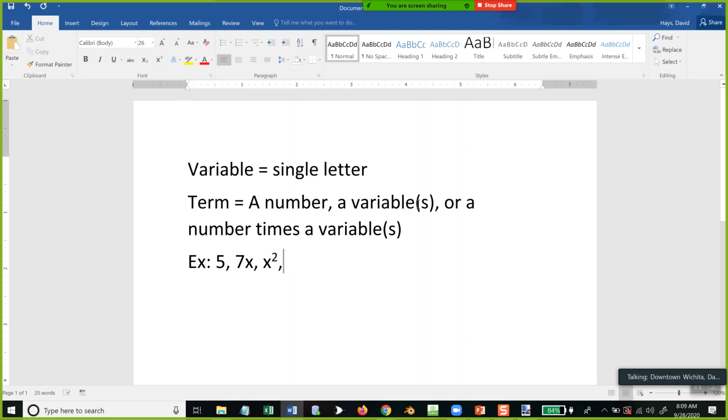When I say variables, I'm talking about x times x. So I'm talking about multiplication. Or you could have like 8x to the third. Number times variables. So 8 times x times x times x. So that's a real informal definition of what a term is.